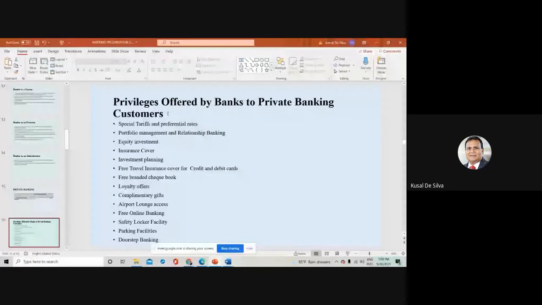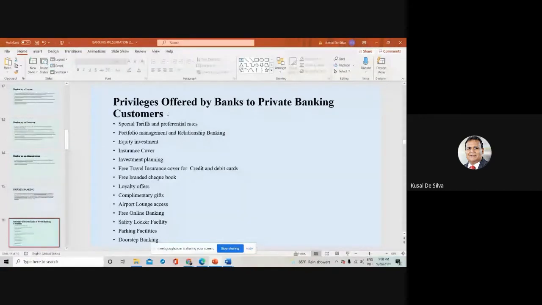These are very normal. If you are a privileged customer or a private banking customer, you are given a higher rate than any other customer. Sometimes you can't charge any tariff from them, because they will challenge you.